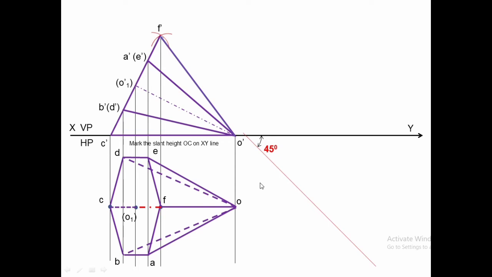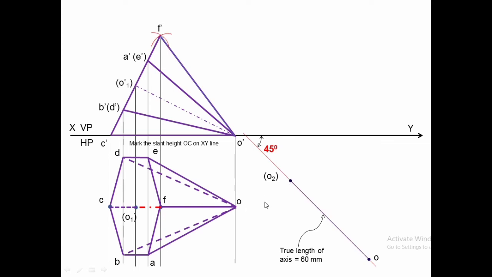Now mark the true length of the axis on this. Take O and O2, which is having a true length of 60 mm, mark it along the 45-degree angle.